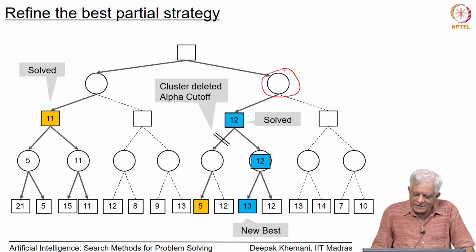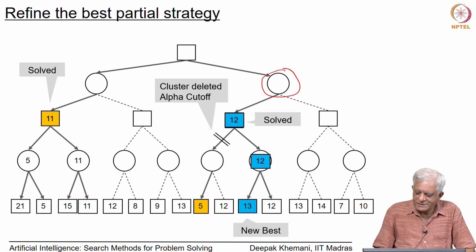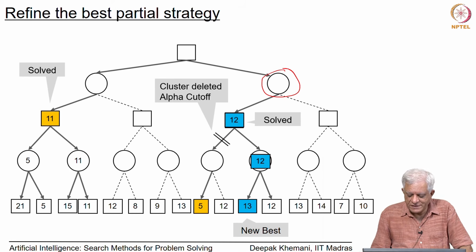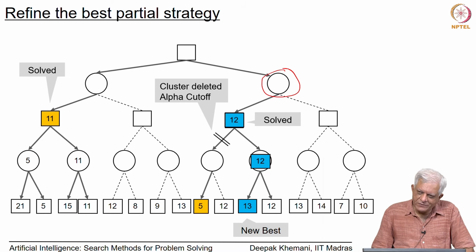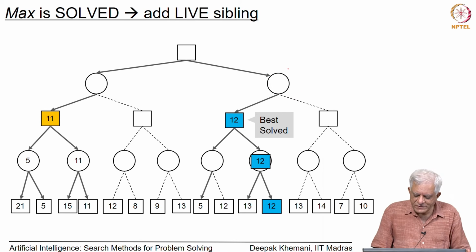If the other child had a lower value, then the value of this strategy will go down. If the other child has a higher value, then the value of the strategy will remain 12. So, let us explore that. So, since this is a best solved node and it is a max node, what we do next is to add the sibling of this max node as the next problem to be solved.